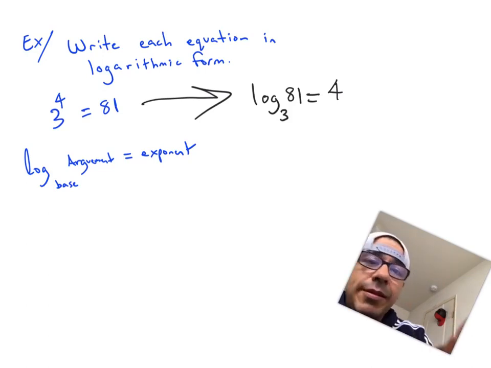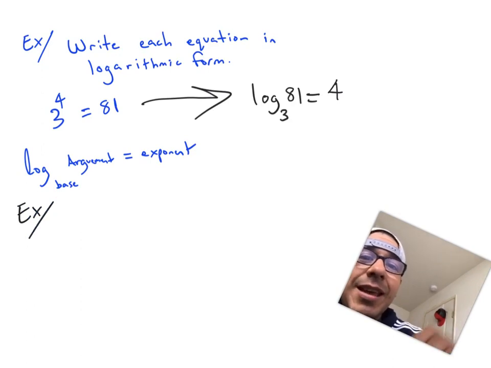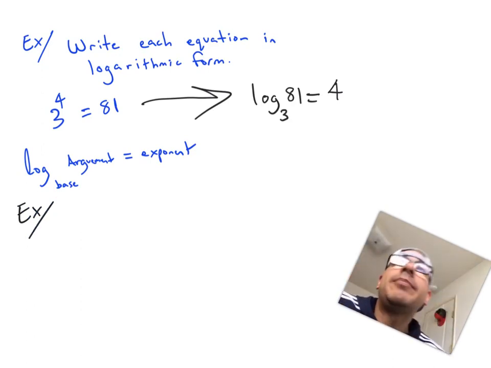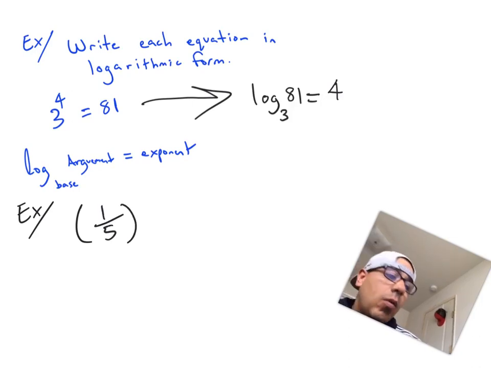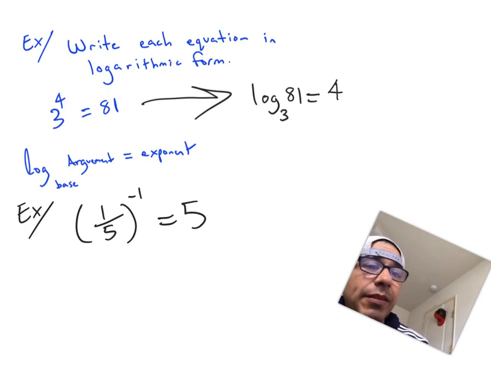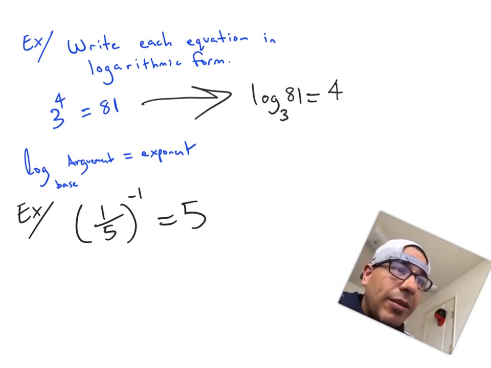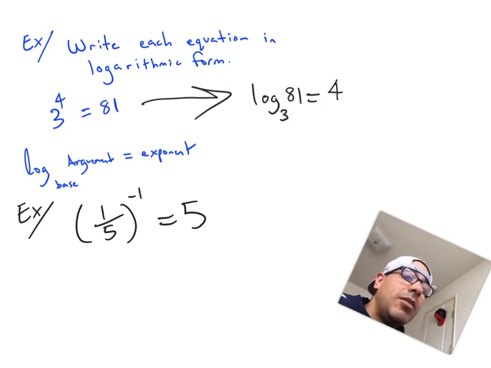Let's do another one, since I have you here, and you're going nowhere. Let's do one that's a little bit more complicated. 1/5 raised to the negative 1st power equals 5. I want to rewrite this into logarithmic form.